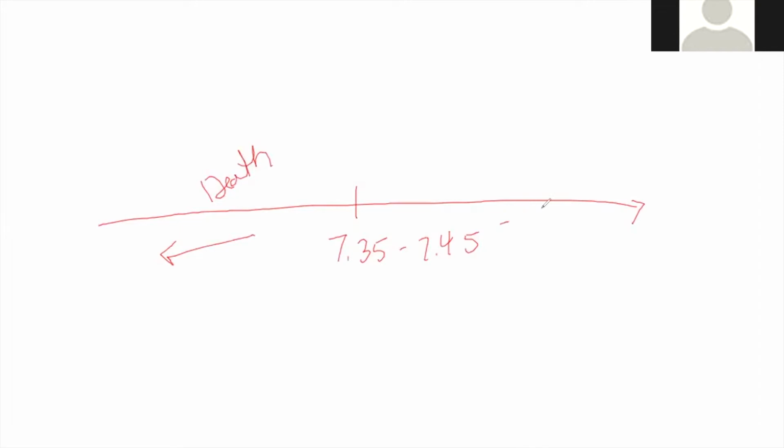And if we go this way, it can also lead to death. So pH balance for the blood between these numbers is essential. And we're going to see that one of the duties of the blood is to regulate the pH of the body. It needs to stay within this range. Does that make sense?